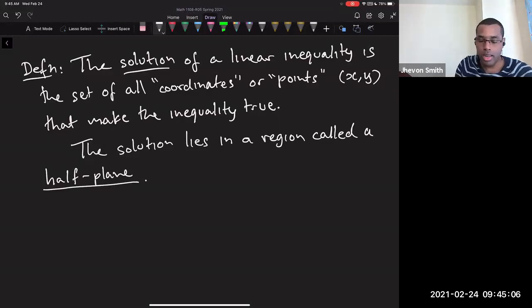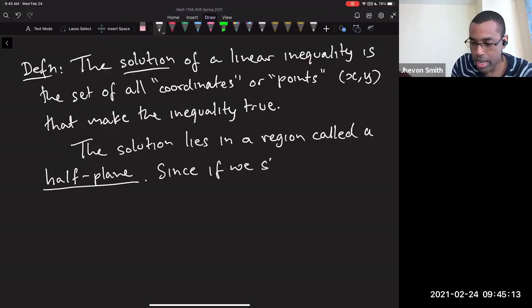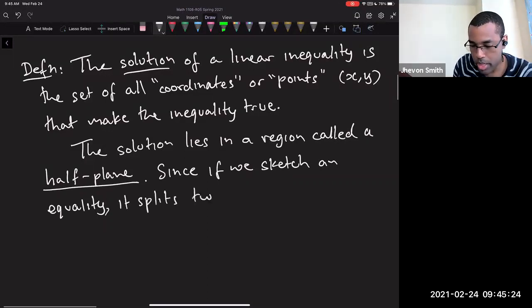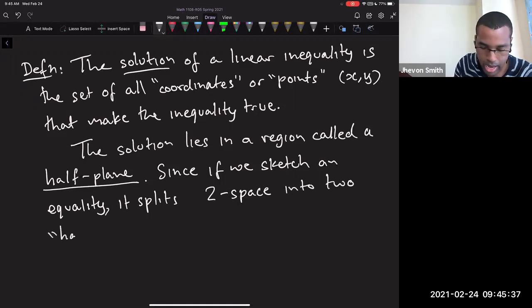Half plane, because if we sketch an inequality, it splits two-dimensional space, which we'd write as R2, into two halves.